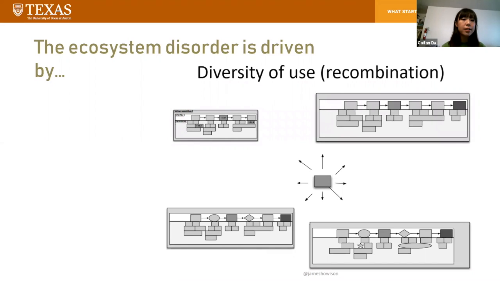The second factor is the diversity of use. One software component is often used in different scenarios, being combined with other software components with different dependency structures. That diversity of use matters when change happens in one assemblage.